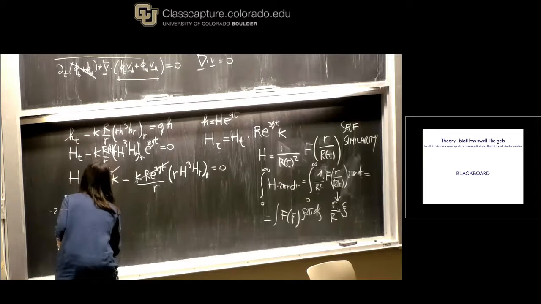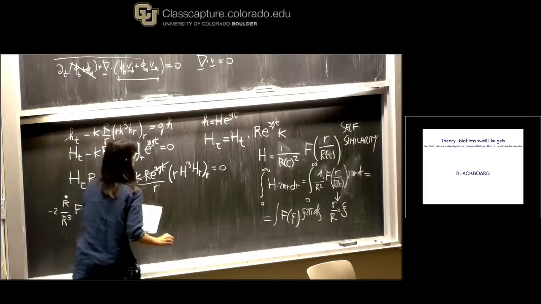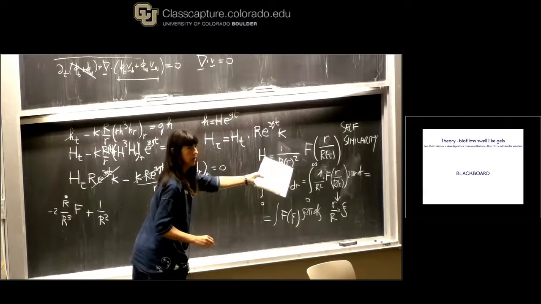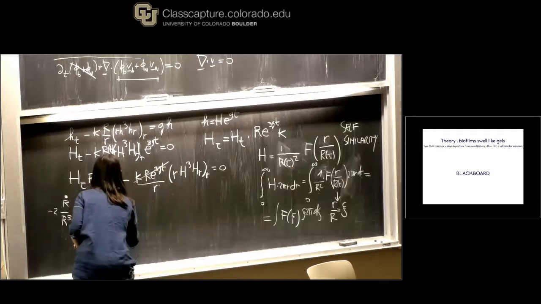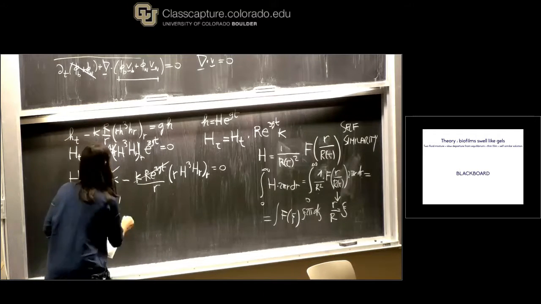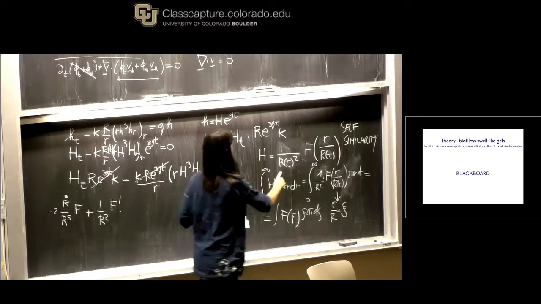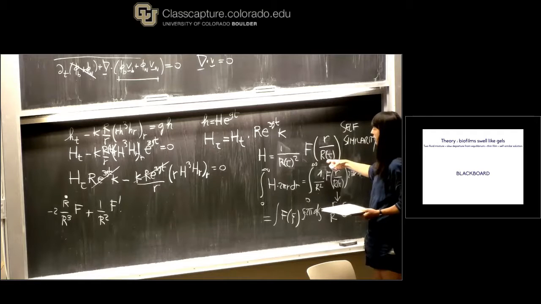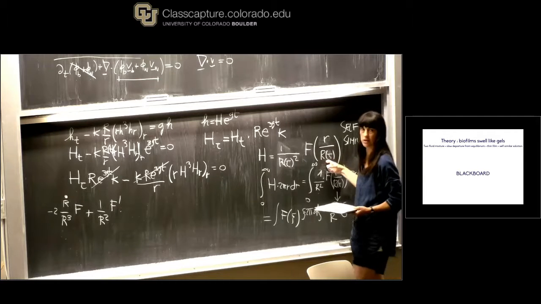Plus 1 over R squared times the derivative of f with respect to its variable, so we'll call it f prime, times the derivative with respect to time of psi. It's r divided by R squared with a minus times R dot.